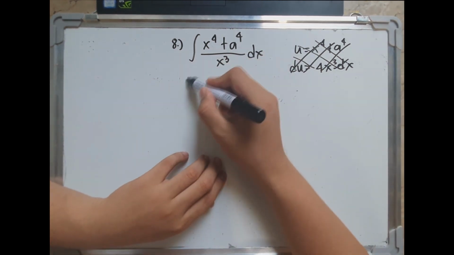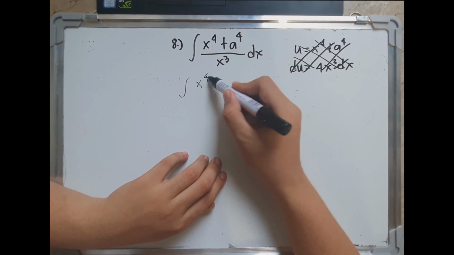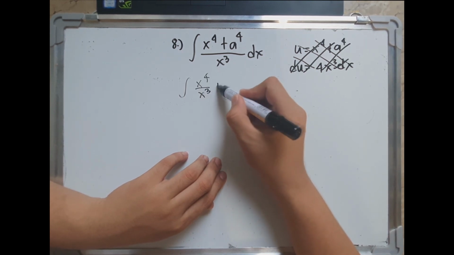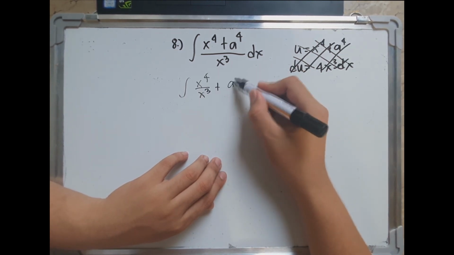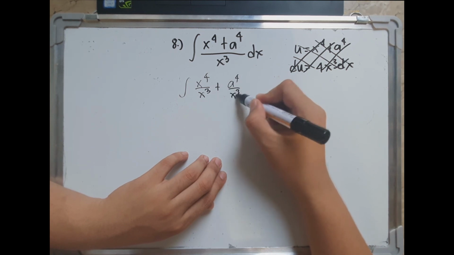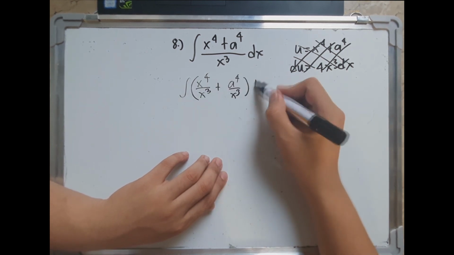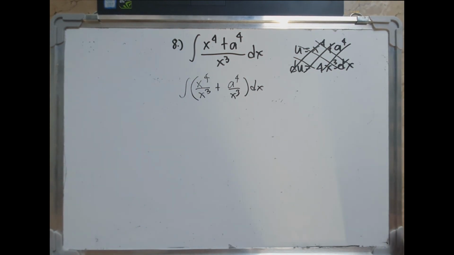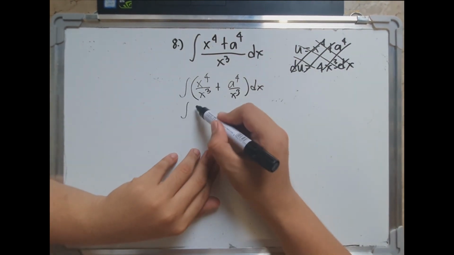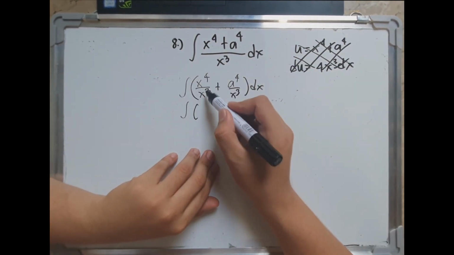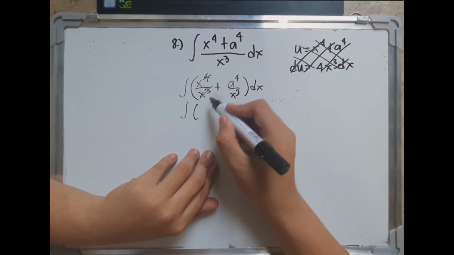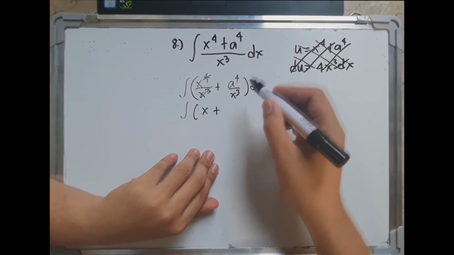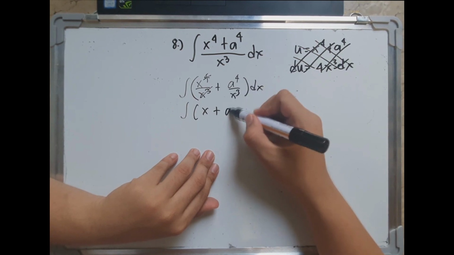This could be written as x raised to the power of 4 over x cubed plus a raised to the power of 4 over x cubed, quantity dx. Now, performing algebra, x to the 4th over x cubed, we will be cancelling this one out. We now have x plus a to the 4, that is our constant.